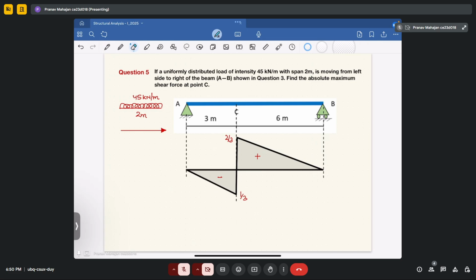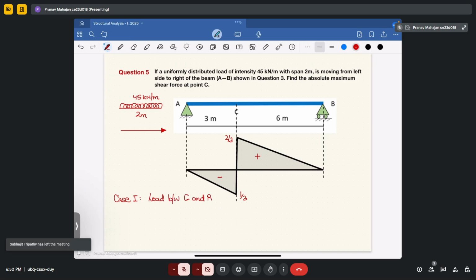I am very worried about the absolute value that I will obtain. So for case one, load between C and B.